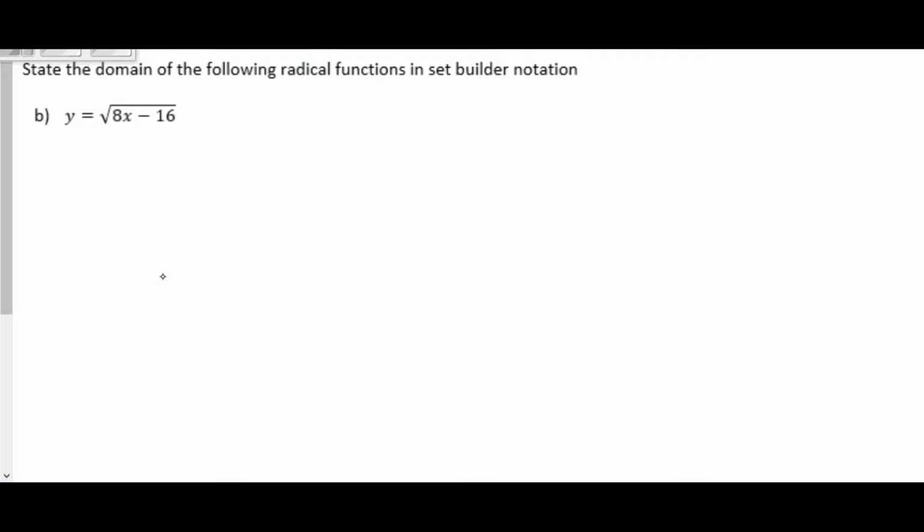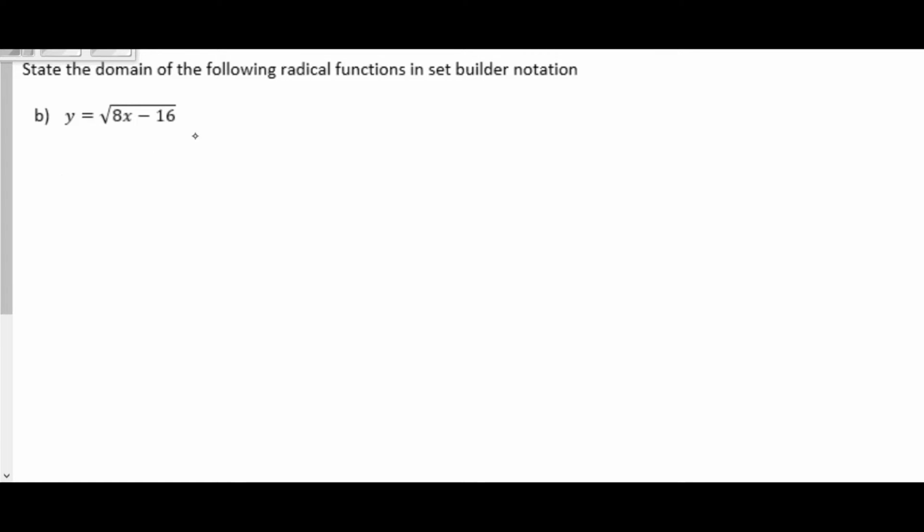Find the domain of the following radical function in set builder notation. So the domain of a function is where the function exists, where it's defined. And a radical function is defined on all real numbers. So we have to find where this radical doesn't exist. And we know that square roots are imaginary when they have a negative under the radical.